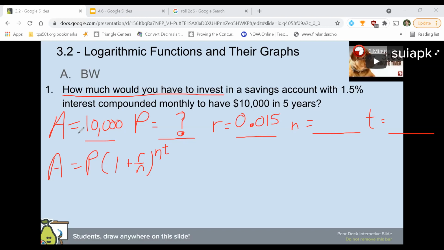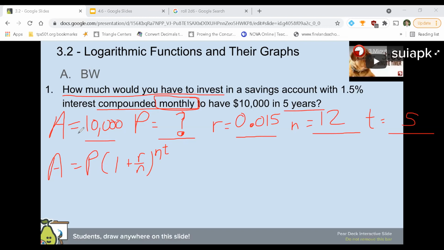Okay. So again, note that that's 0.015, not 1.5. What is N? 12. And what's T? 5. So we want to find what's the principal, what's the starting amount that we have to have so that we finish with $10,000 after saving for 5 years.